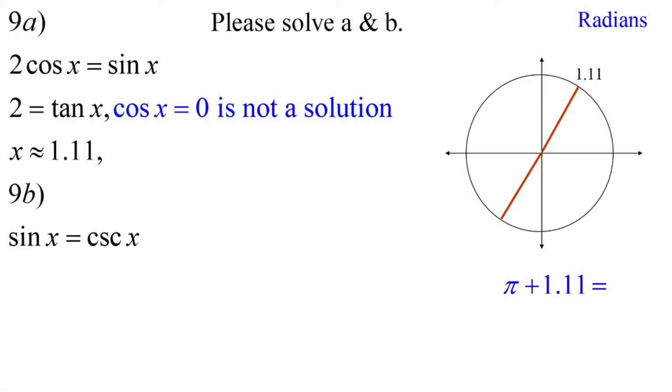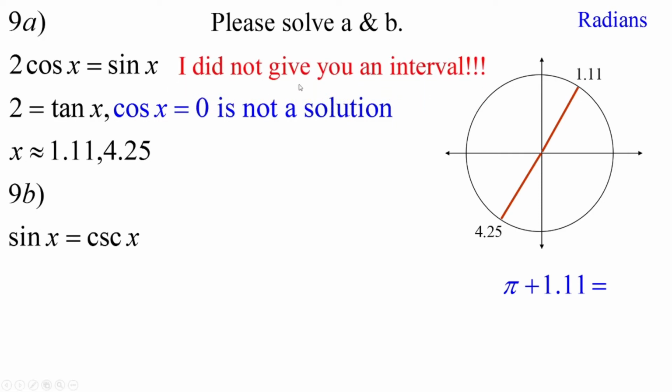So pi plus 1.11, let's go. Second pi plus 1.11 into the nearest hundredth here, I'm getting 4.25. So there's my second x. Now, am I done yet? In this equation, did they give me an interval for my possible angles? I did not.